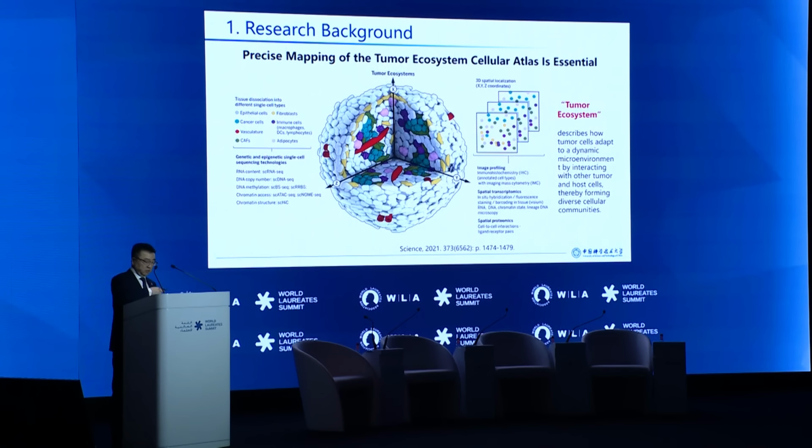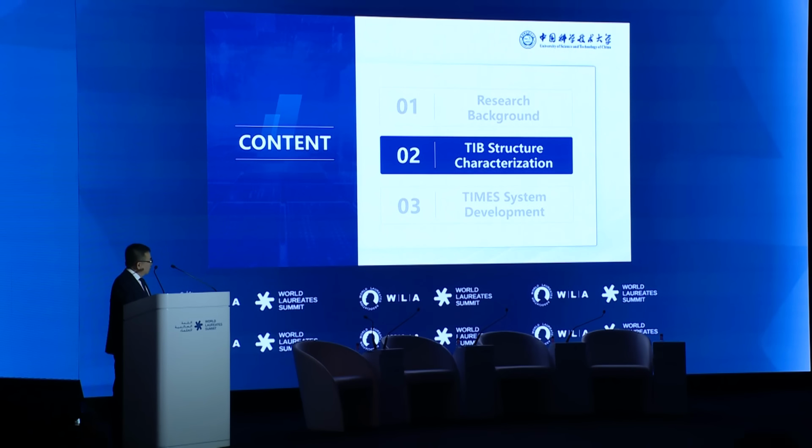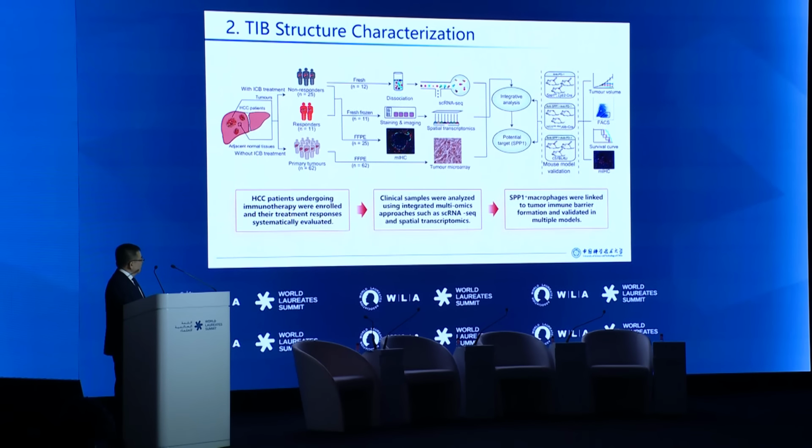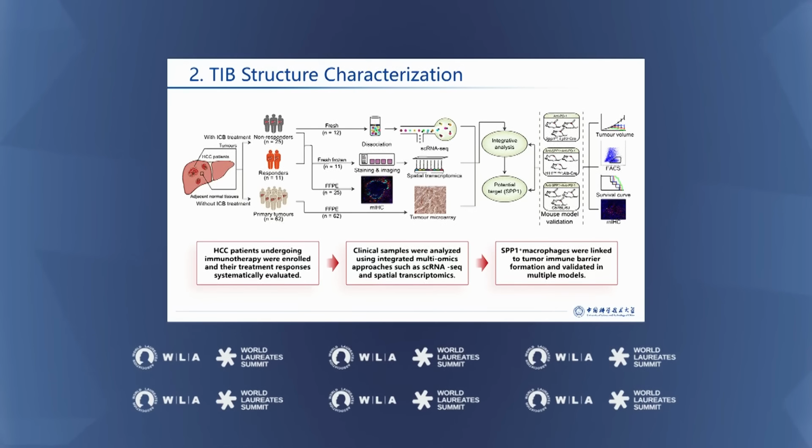A cellular atlas is essential. And we identified the tumor immunobarrier structure characterization. As a surgeon, we have the chance to get samples from patients who undergo conversion therapy before operations. There are responders and non-responders. For these 2 groups of patients, we get the samples.